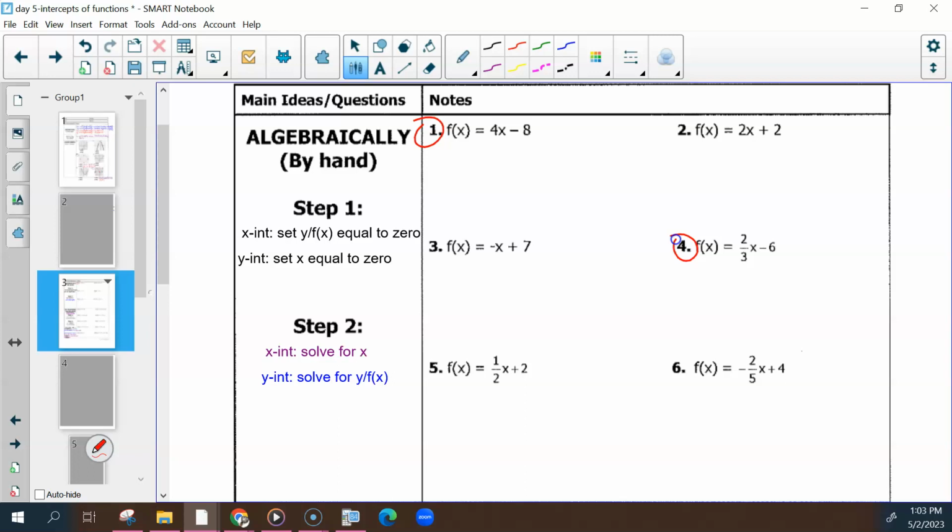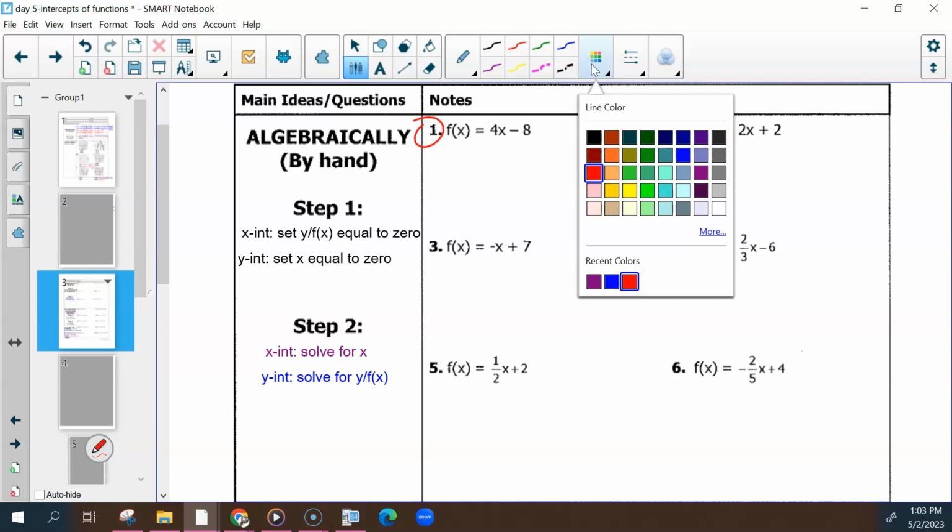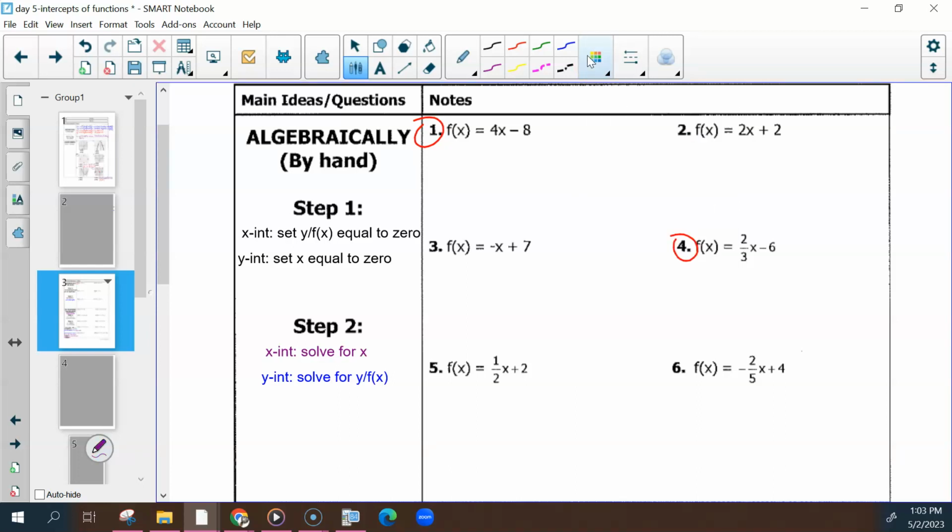Okay. So if we're doing this algebraically, I'm going to show you how to do it algebraically for the y-intercept and then show you how to not do it algebraically, how to find it in the equation. So algebraically for your y-intercept, your x value has to be 0. So you can change this to y equals, because f of x is the same thing as y.